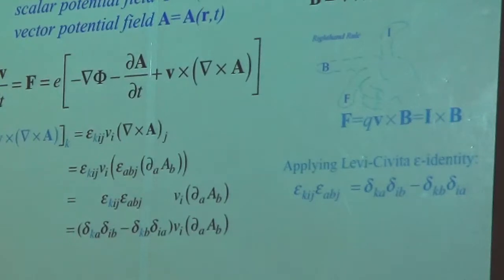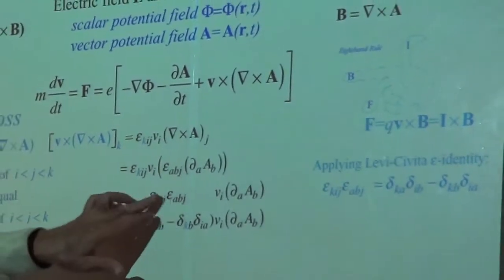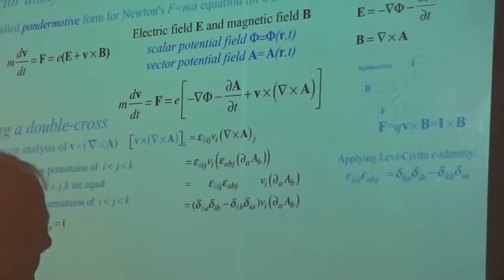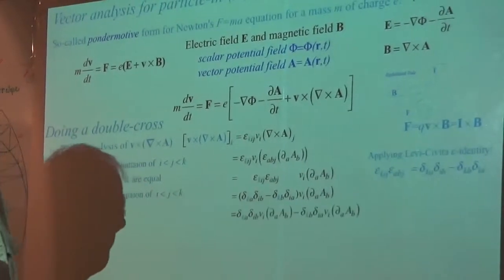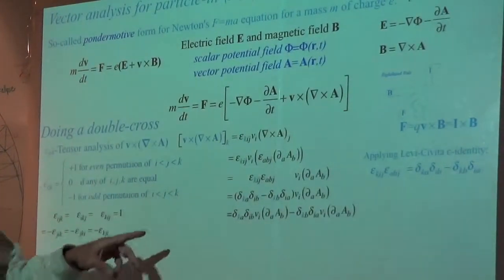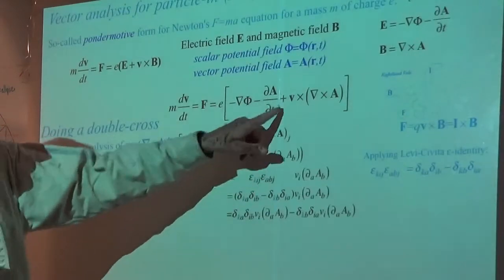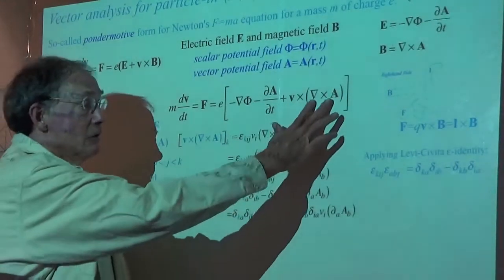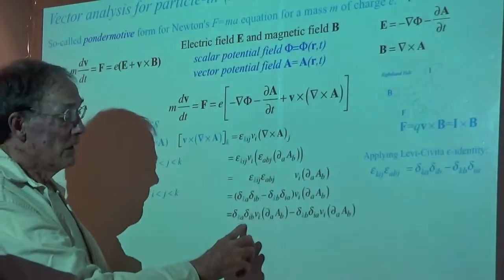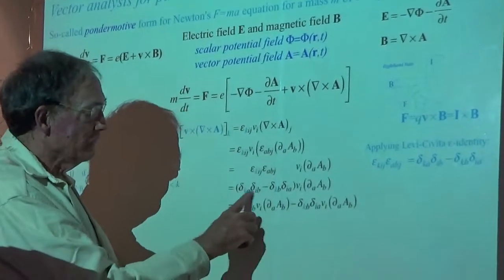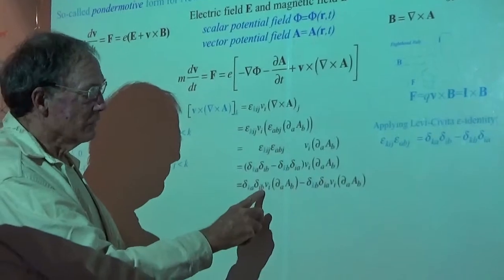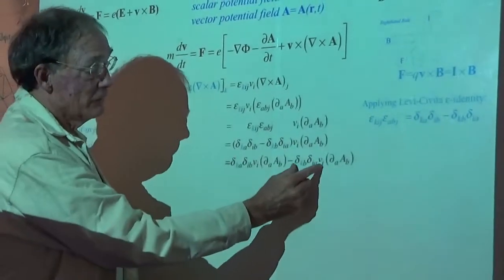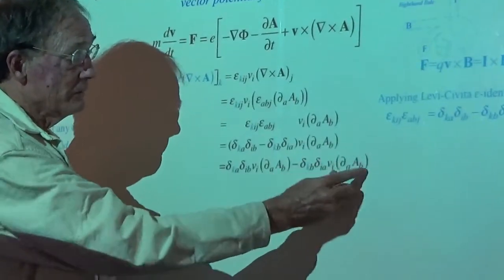So once you've broken this thing down, it's very easy to take that cross product, v cross the gradient cross, the curl, apart. So I have here this delta function hitting this thing, and then I have this delta function multiplying the same thing.